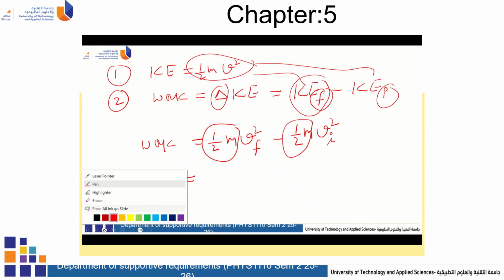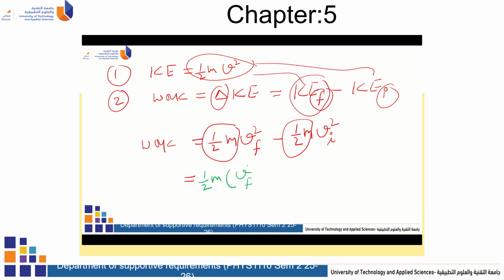Easy to solve. Then this would be half the mass, and in the bracket the final velocity squared minus the initial velocity squared, and this is equal to the work done. So this is the new formula.